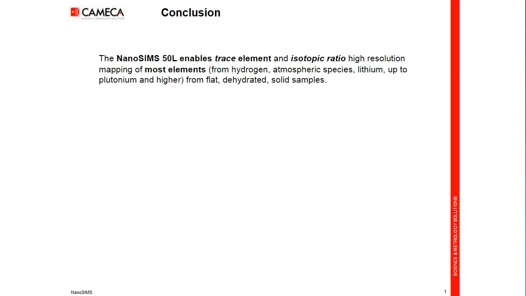Let's conclude this webinar. The NanoSIMS 50L enables trace element and isotopic ratio, high resolution mapping of most elements, from hydrogen, atmospheric species, lithium, up to plutonium and higher, from flat and dehydrated samples.